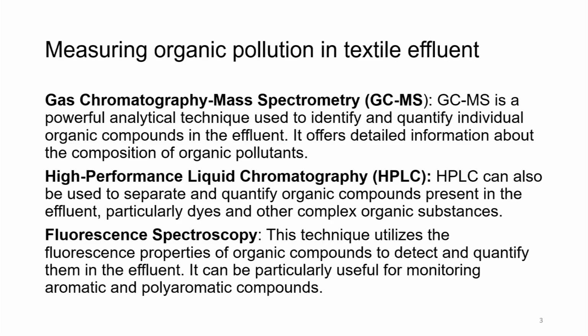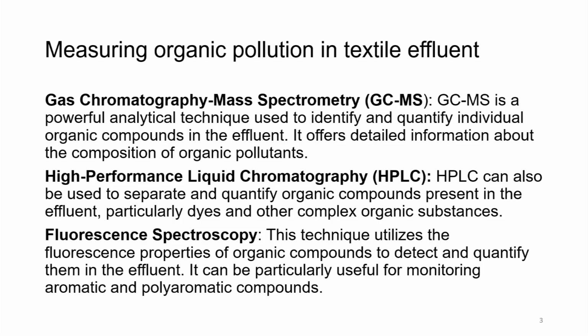High performance liquid chromatography, HPLC. HPLC can also be used to separate and quantify organic compounds present in the effluent, particularly dyes and other complex organic substances. Fluorescence spectroscopy. This technique utilizes the fluorescence properties of organic compounds to detect and quantify them in the effluent.